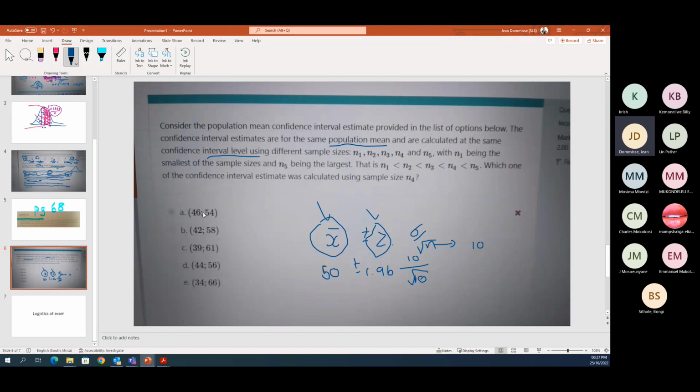So which one of the confidence interval estimates was calculated using sample size N4? Okay, so let's see what we get if we do this.